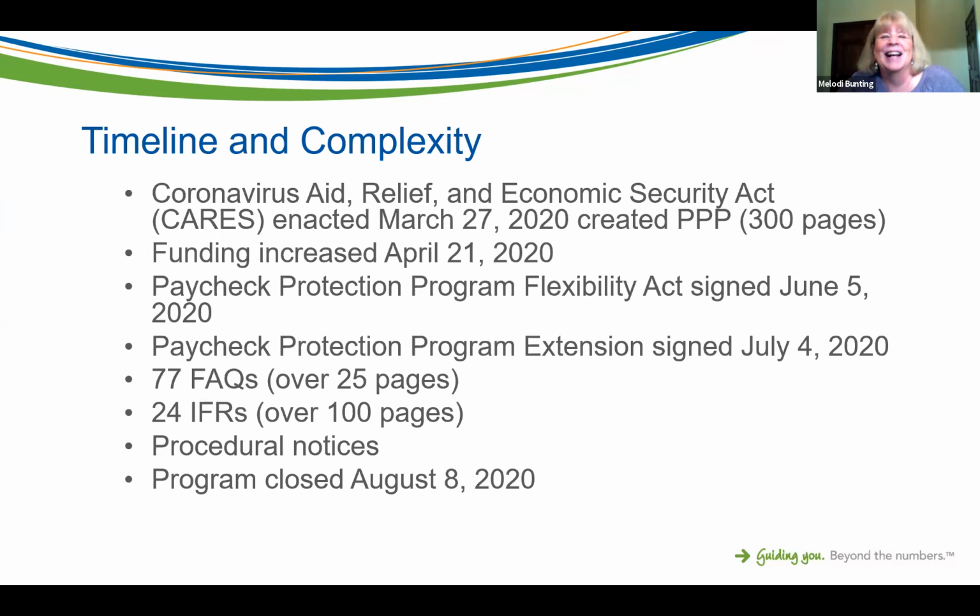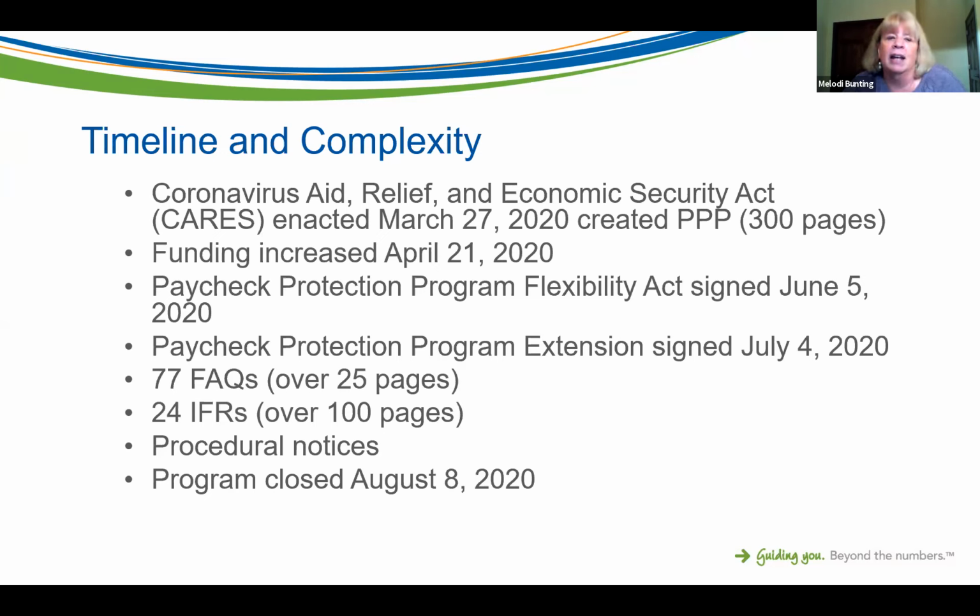All of us who have been in the midst of this know that things are ever changing, and it just seems like you get a handle on one thing and something else evolves. There have been 77 frequently asked questions and 24 interim final rules. Interim final rules is an interesting term in and of itself, plus procedural notices. So there has been a lot of complexity to this.